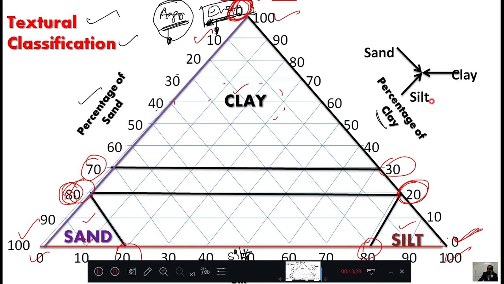Now there is one rule here, this is that rule. It says sand should always go in this direction, clay should always go in a horizontal direction, and silt should go in this inclination.